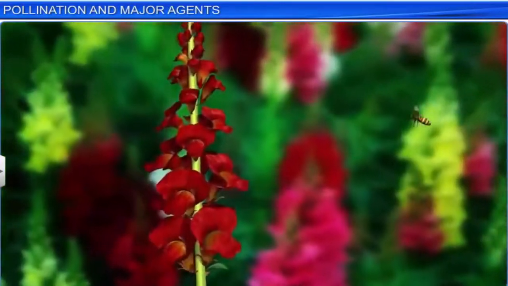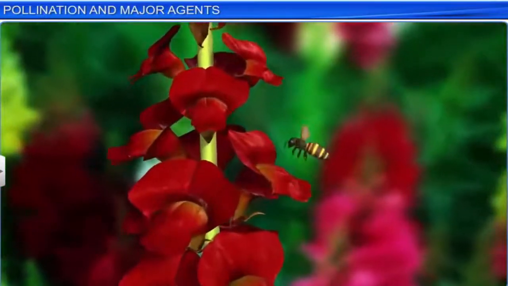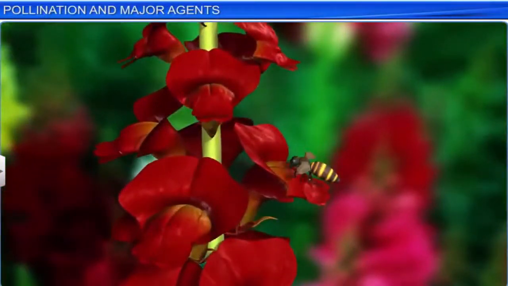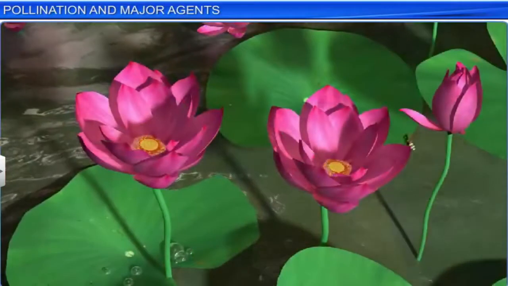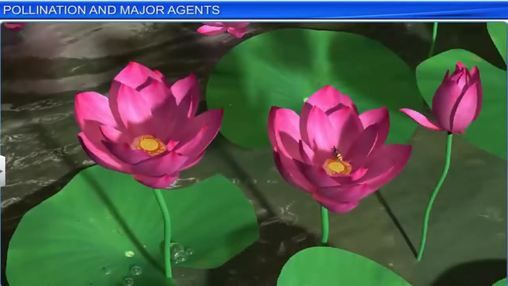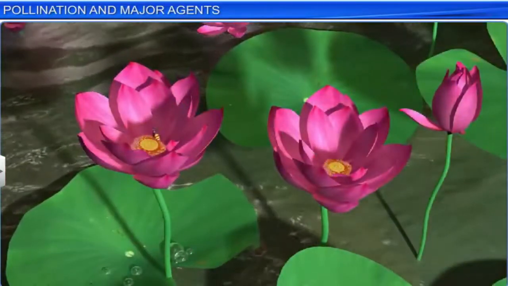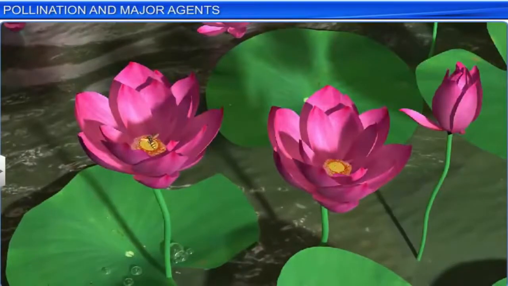However, certain birds and insects such as the bumblebee visit flowers for nectar and pollen, but don't bring about pollination. These creatures are referred to as pollen robbers. Honeybees, as well as other insects, also pollinate a large number of aquatic flowering plants, such as the freshwater lily.